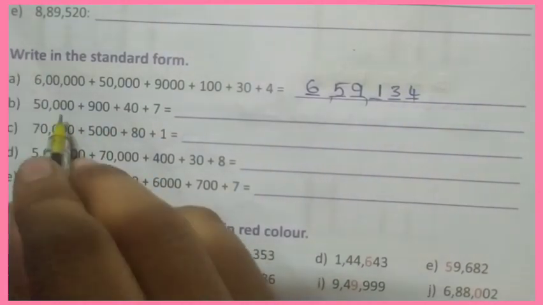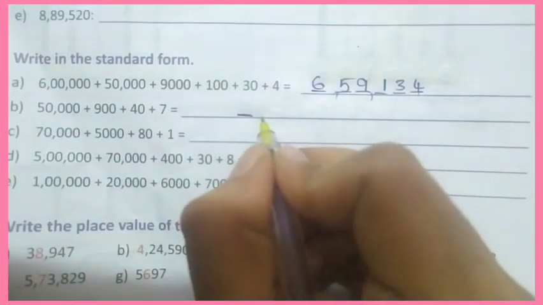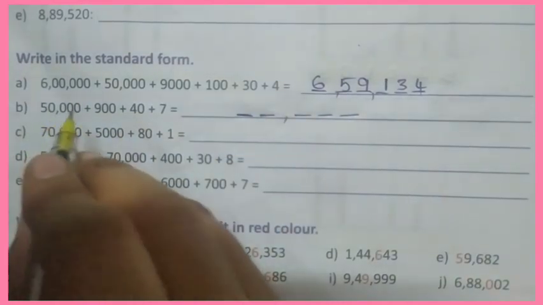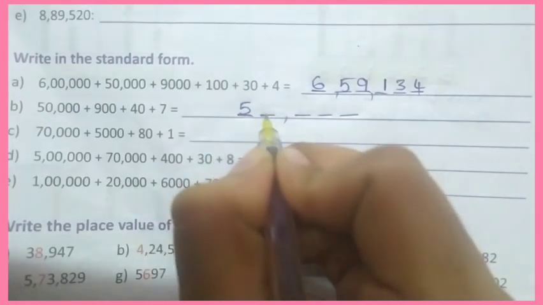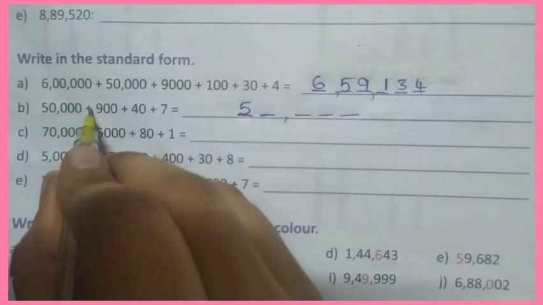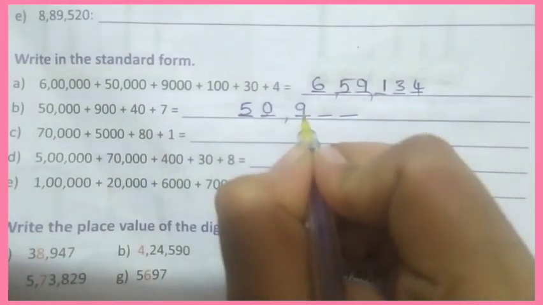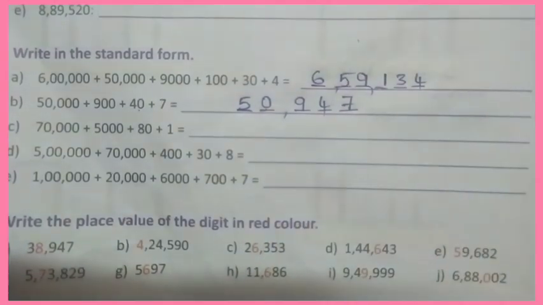Okay, now here 50,000 is given, so 50,000 means the 10,000s place, so a 5-digit number. So we'll write 5 in the 10,000s place. Here thousands not given, so we'll write 0 here. Next hundreds, 947. Like this, complete this.